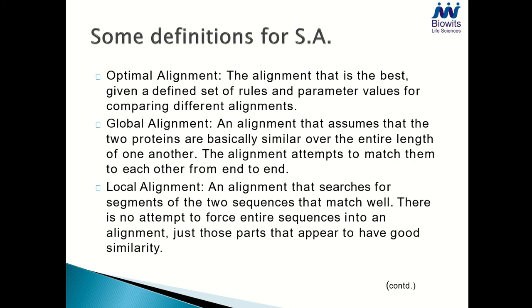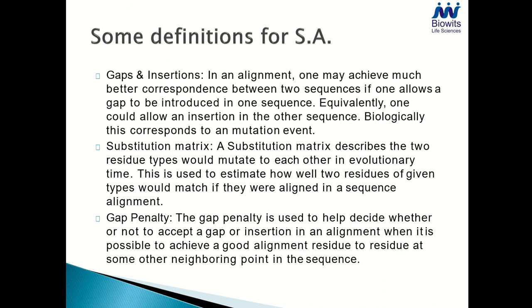Another one is local alignment. Pag sinabing local alignment, it is an alignment that searches for segments of two sequences that match well. There is no attempt to force entire sequences into an alignment, just those parts that appear to have good similarity. Another one is when we're talking about sequence alignment, we're also talking about gaps and insertions.